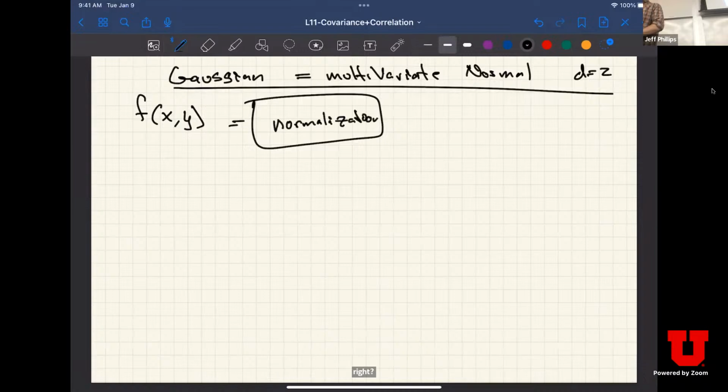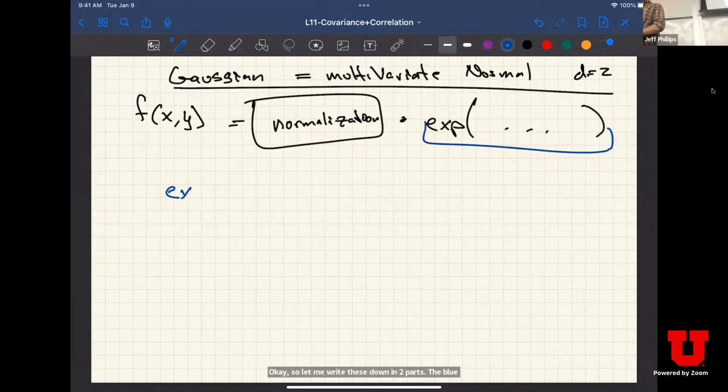Normalization times this quantity. Okay, so let me write these down in 2 parts. The blue part here, expectation, is going to be, we saw the normal distribution, but now this is slightly more complicated.